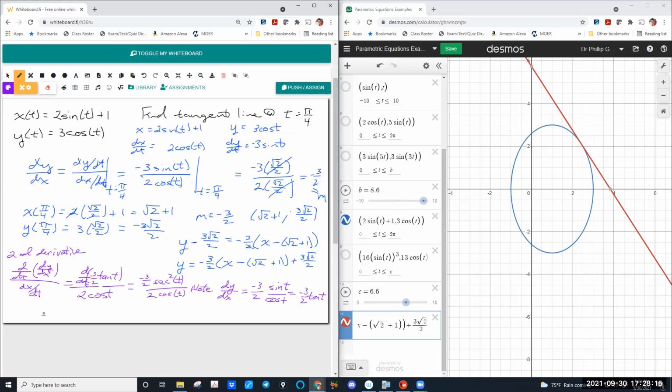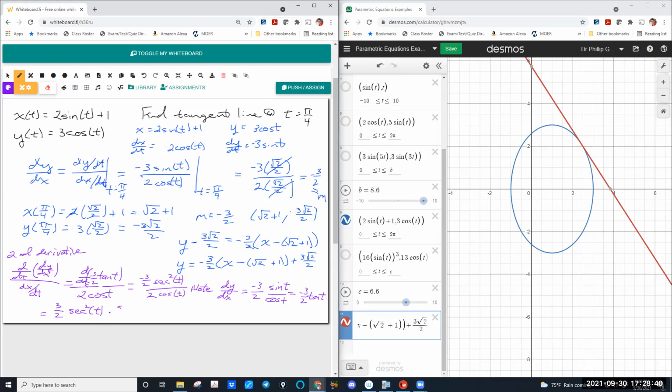We can clean this up a little bit too, because this denominator, we can do it as secant or cosine, really, but secant squared of t. Now 2 cosine of t is the same as 2 over secant of t.